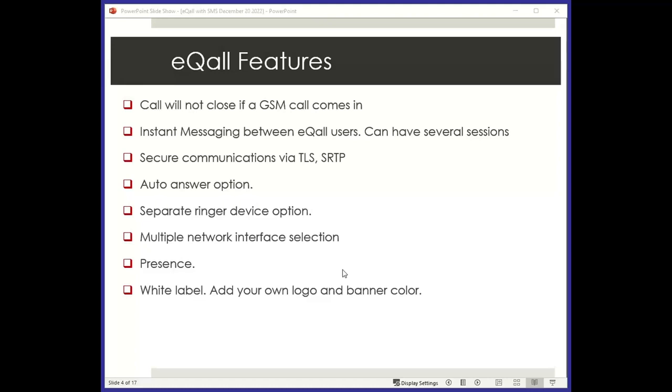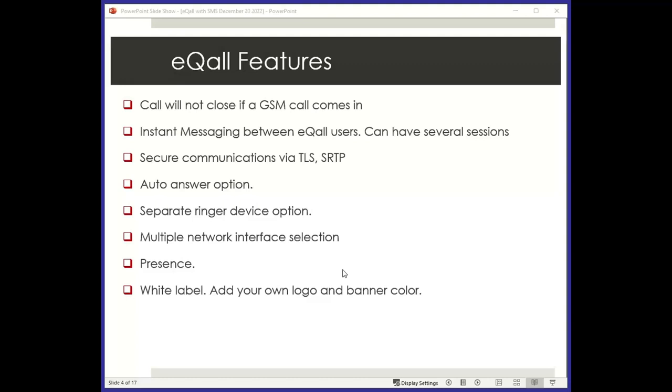Obviously, we're going to talk today about the SMS that we have added. You can also do secure communications: we use TLS and secure RTP, so you can set up sessions between eQall and the PBX using TLS. There's an option to auto answer, if you don't want to click to answer. And if you want to have a separate ringer device, for example, I'm using a headset now.